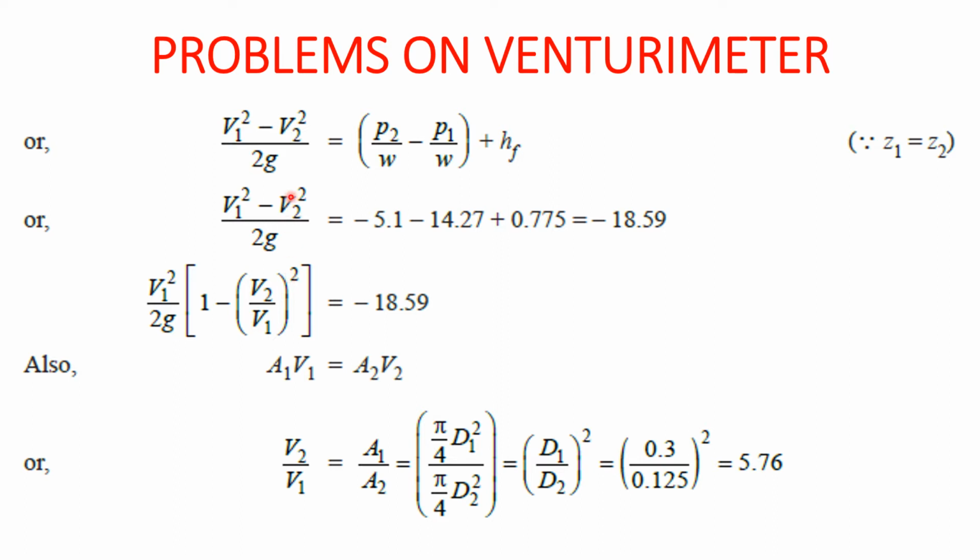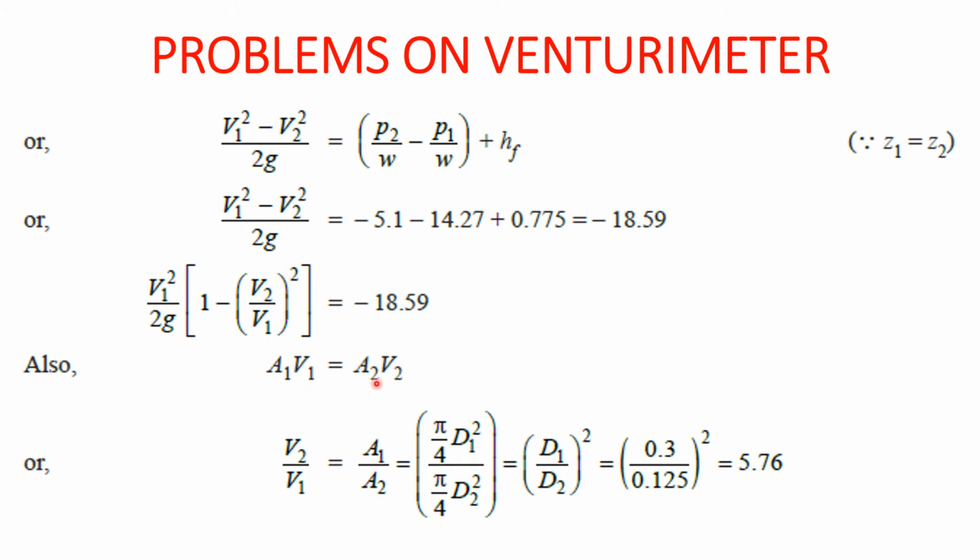V2 square by 2G is as it is, and V1 square by V1 square cancels, so we get V2 square by 2G equal to minus 18.59. We have only rearranged V1 square minus V2 square by 2G in this form, that is V1 square by 2G outside the bracket, 1 minus V2 by V1 bracket square.